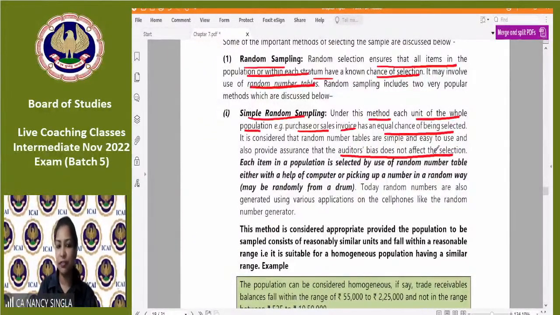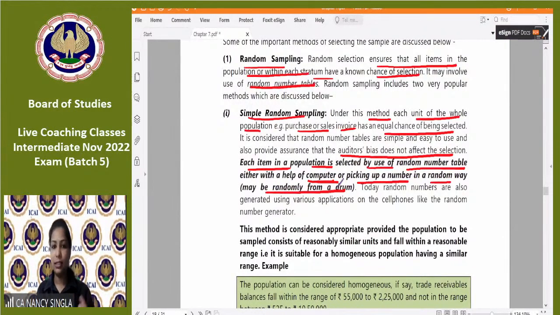The auditor's bias does not affect the selection. Each item in the population is selected by use of a random number table with the help of a computer, the way we did, picking up a number in a random way, maybe randomly from a drum, like a chit system. Today, random numbers are also generated using various applications on cell phones.